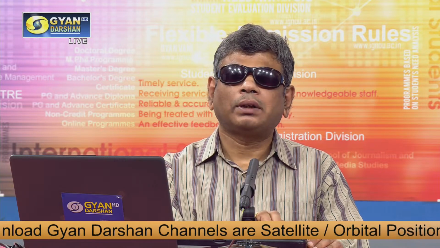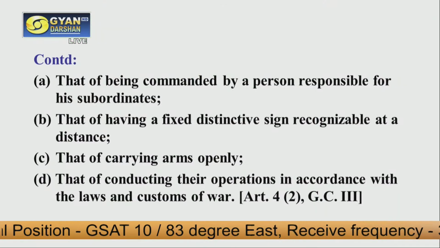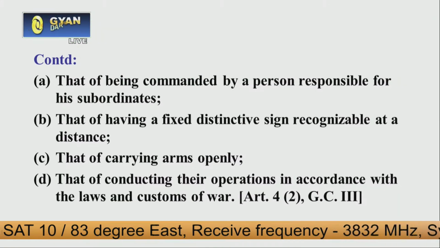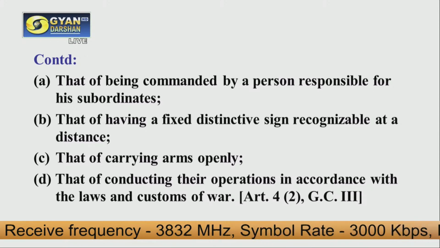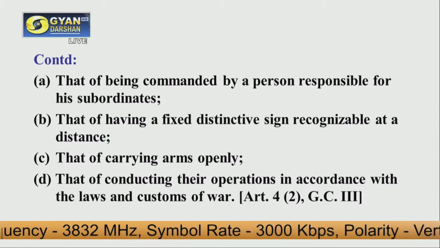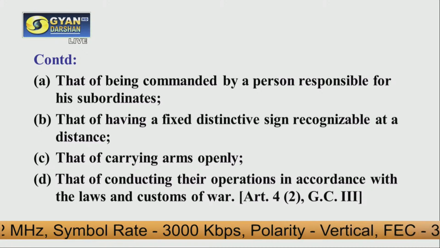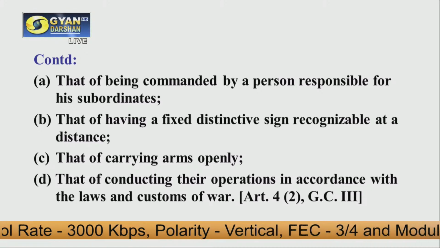This is also the characteristics of a combatant, and also conducting their operations in accordance with the laws and the customs of the war. This is also an important aspect which needs to be considered.